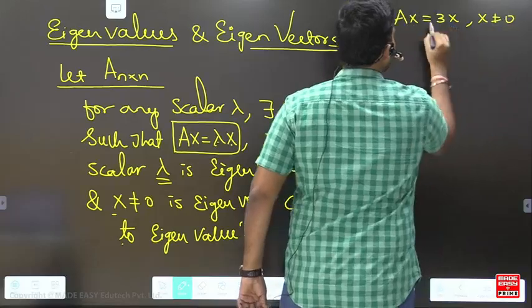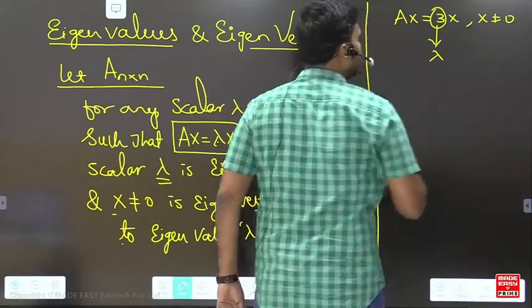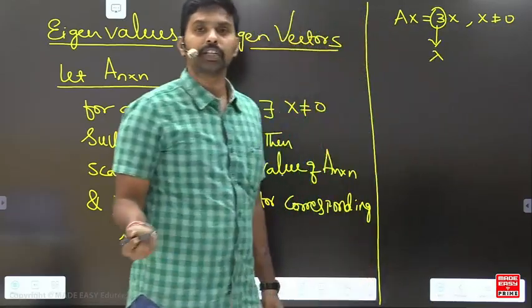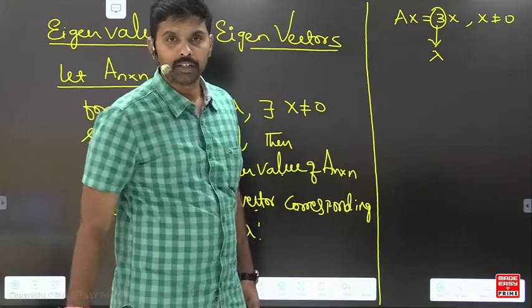That means this 3 is lambda, that is the eigenvalue. As simple as that, right?